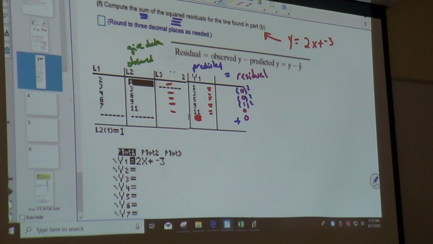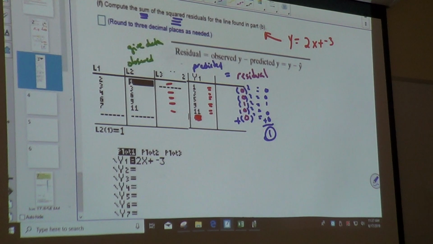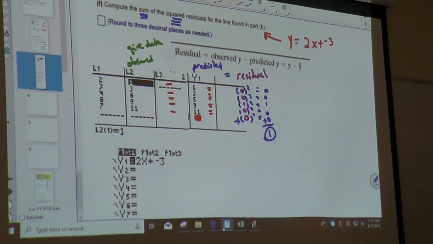I need to square them and I need to add them up. So if I square each one of those, what's the square of 0? What's the square of 1? And add those up, there's my answer. So they're making you predict a bunch of things and then sum them up. So the answer to that one is going to be 1.